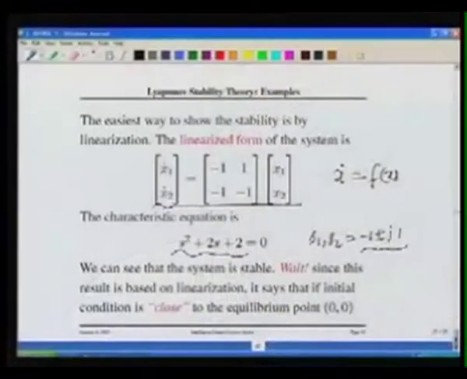That answer we will not get using the indirect method. If the initial condition is close to the equilibrium point 0 0, then we can say the system is stable using Lyapunov's indirect method.